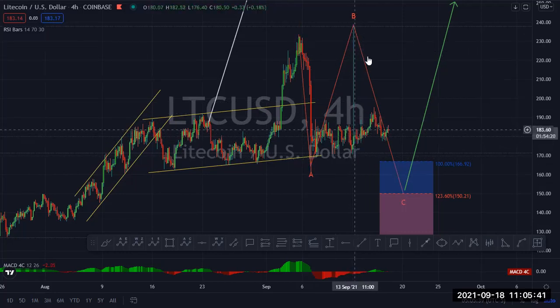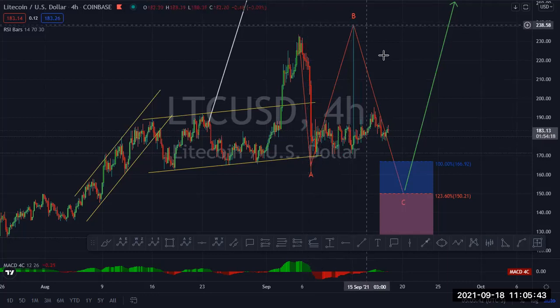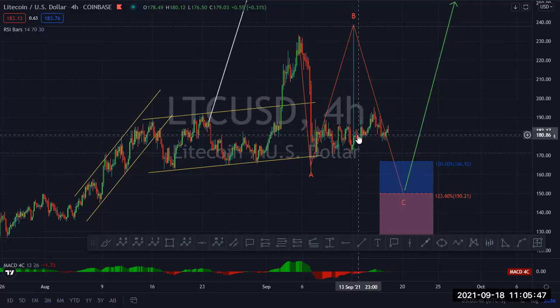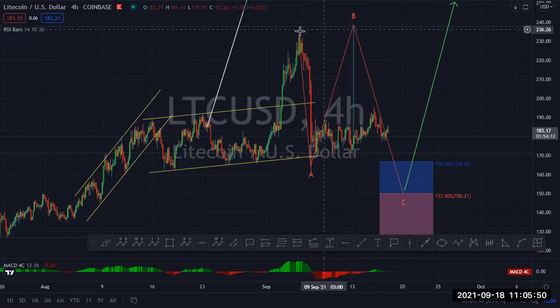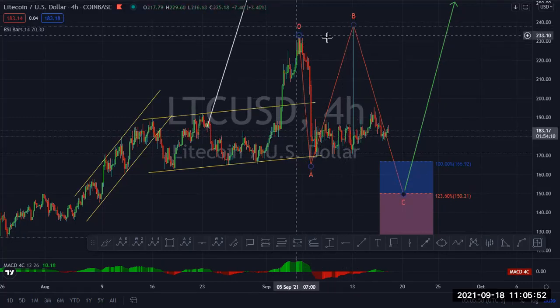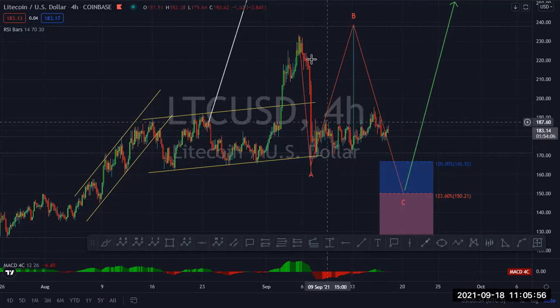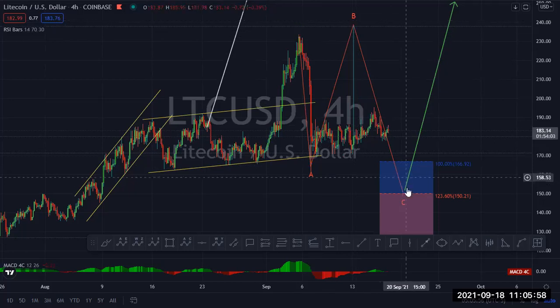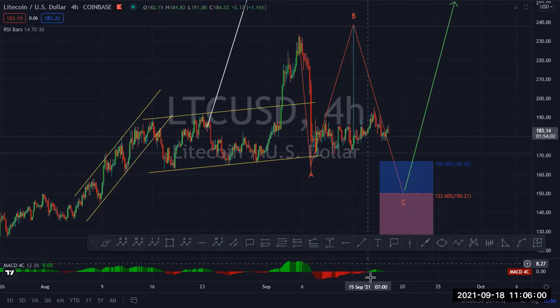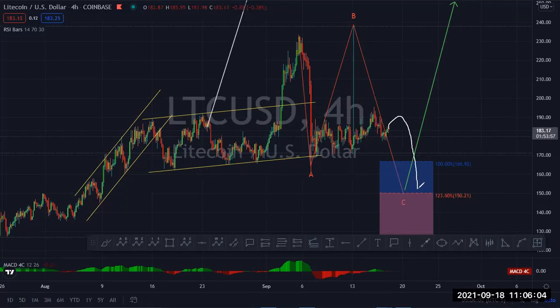If this type of move happens again and the close, you know, it went up and dropped the same day. So it couldn't close above here. Had it closed above here, we would not be looking at the price to come down again. So, but now we have gotten an A, B, then the C. In my opinion, the wave C will still drop to this level before this buying.